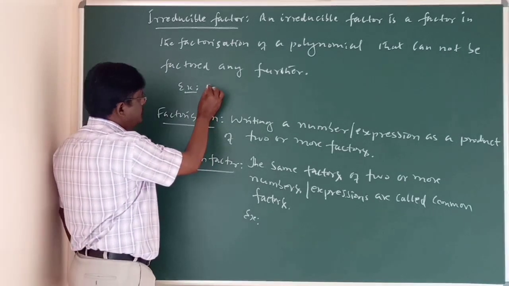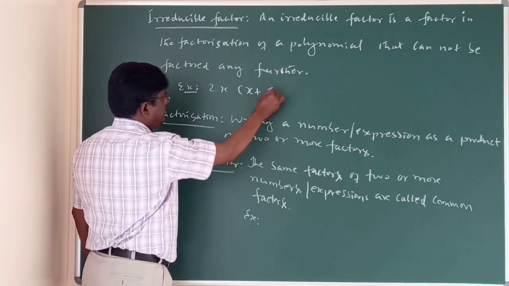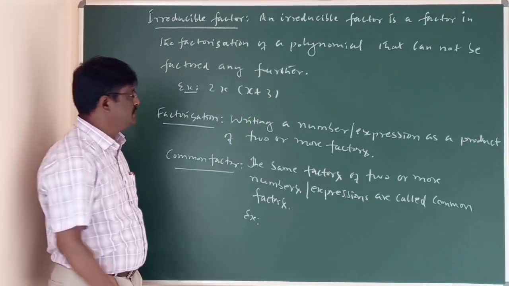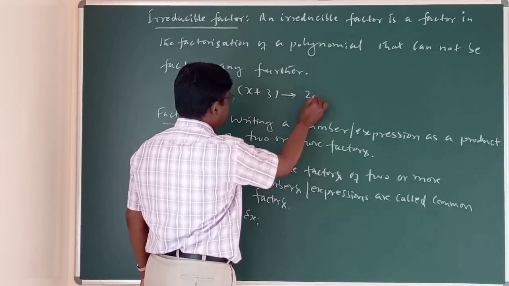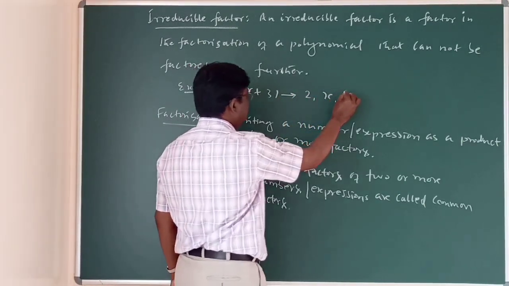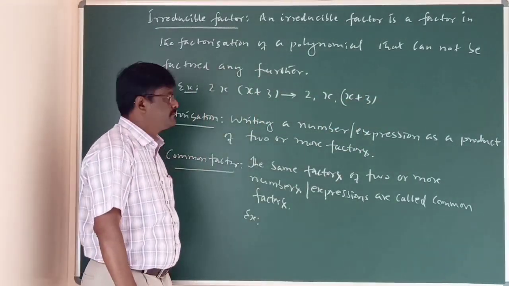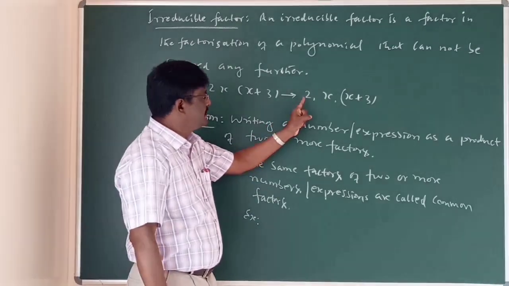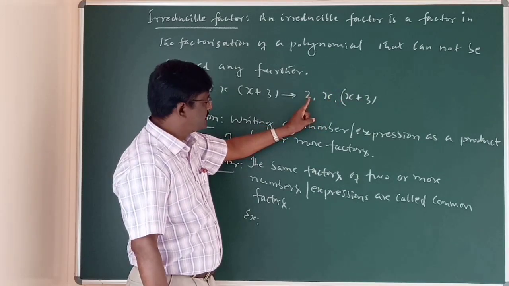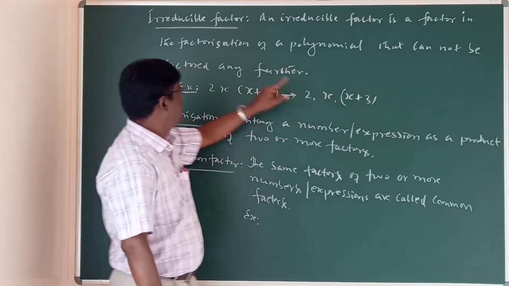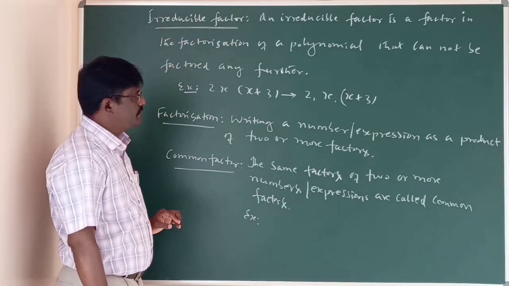Simple example, if you take 2x into x plus 3 into x plus 3, which are the irreducible factors in this case? 2x and x plus 3. These we call irreducible factors. Why? 2 cannot be further reduced into some more. That's why such factors we call irreducible factors. In factorization, these are very important.